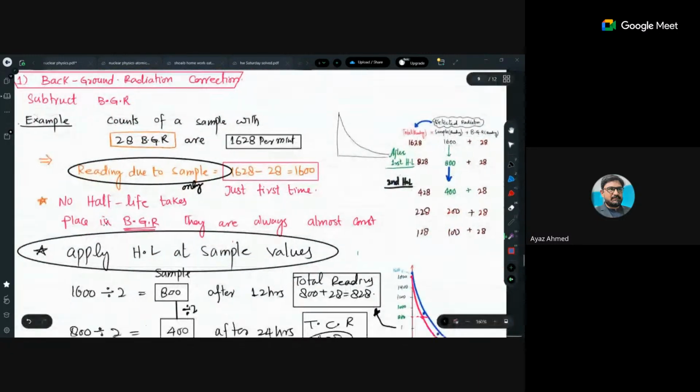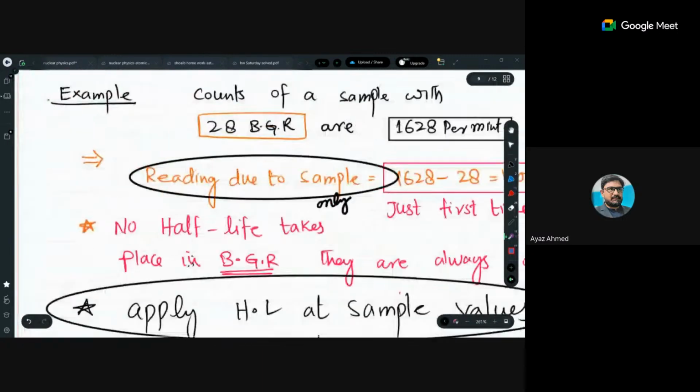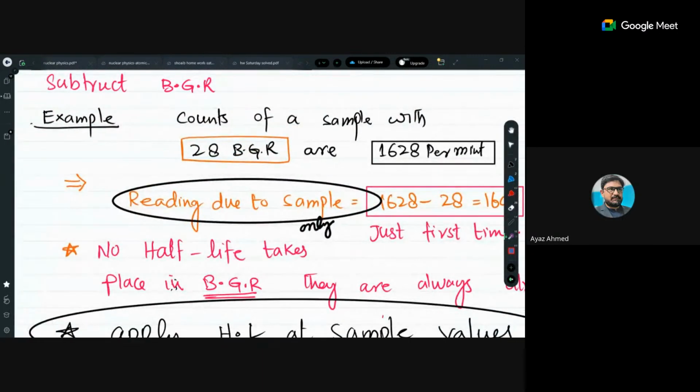Now look, for example, you are going to test a sample, the same sample, the 1600 one that was running. I told you before that I did not have any background radiation source, but now I have a background radiation source which has 28 background radiations.